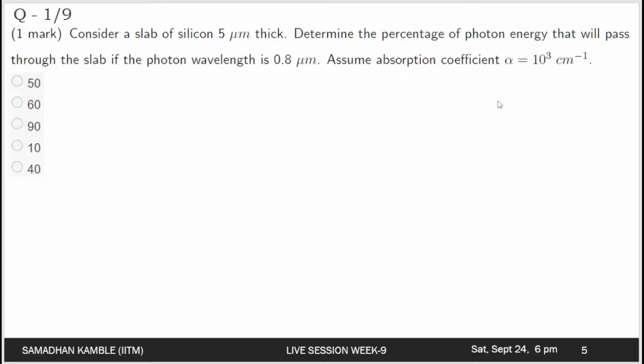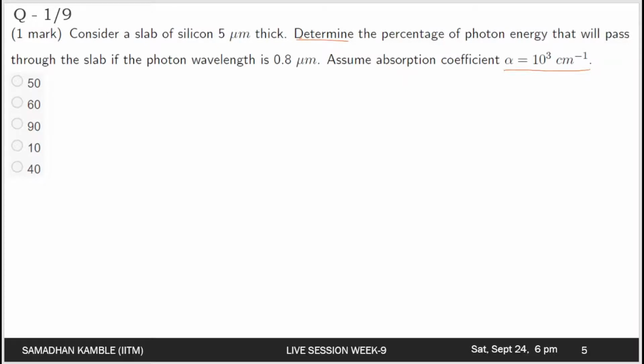Assume the absorption coefficient alpha to be 10 to the power 3 per centimeter. So different parameters are given, and we need to determine the percent of photon energy that will pass through the slab. So transmitted energy, or transmitted fraction, is what we need to determine.